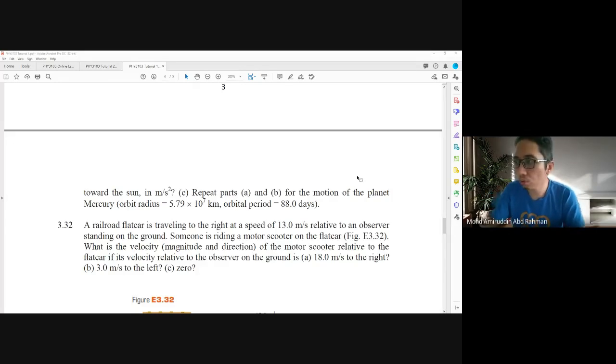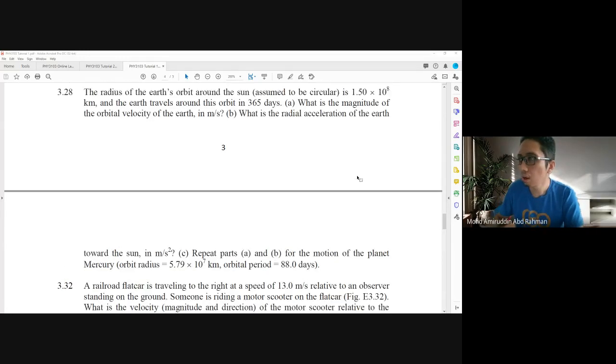So V, the magnitude of the orbital velocity, should be 4.79 times 10 to the power of 4 meter per second.